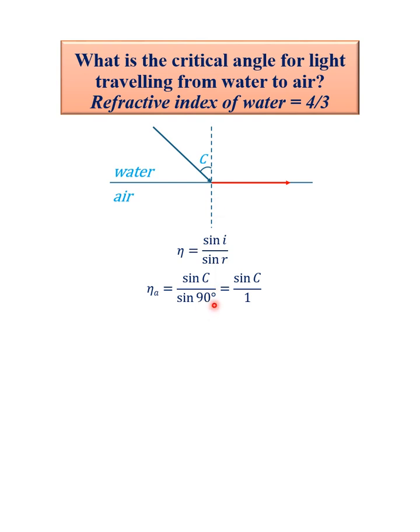You agree with me that if you put sine 90 in your calculator, you're going to get 1. Sine 90 degrees is 1. So the refractive index of the light ray in air is sine C all over 1. But we are given the refractive index of water and not the refractive index of air. Of course, we are always given the refractive index of the denser medium, right?